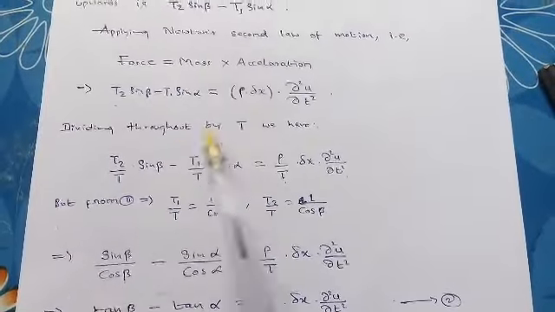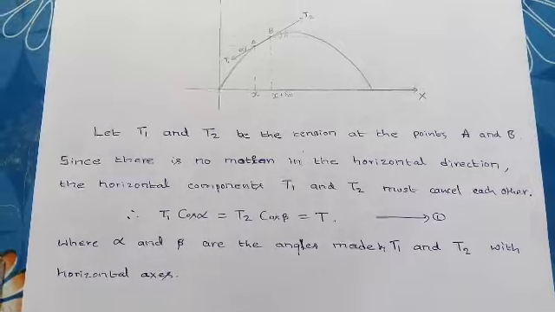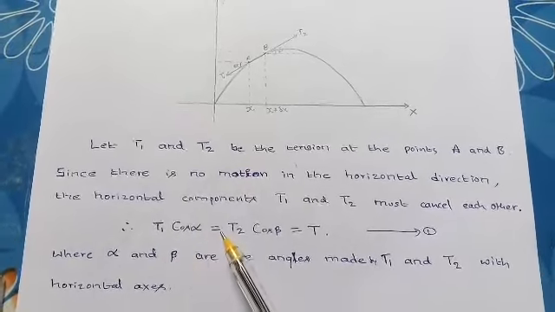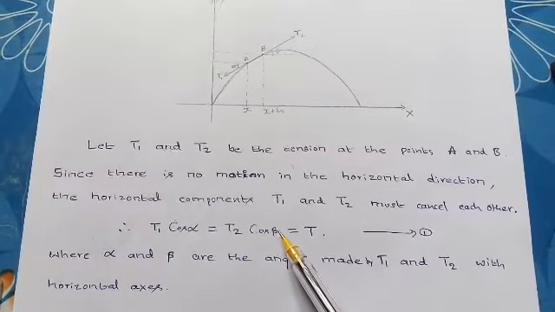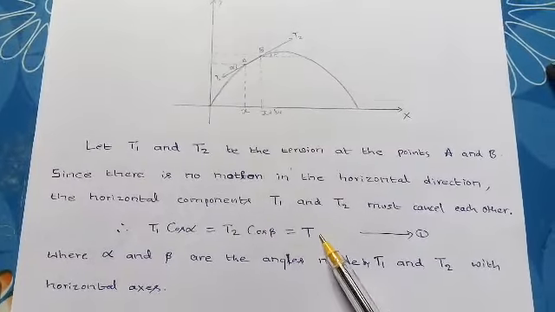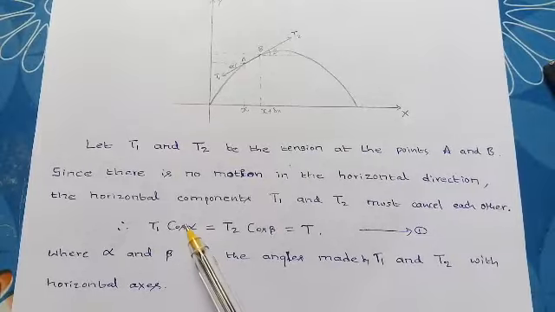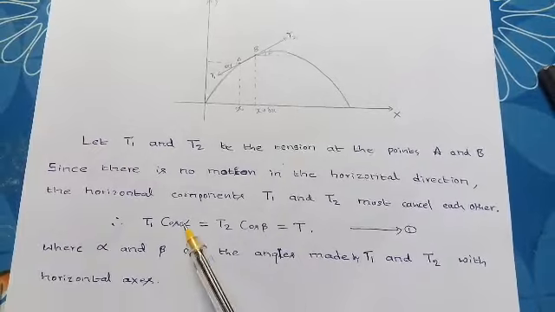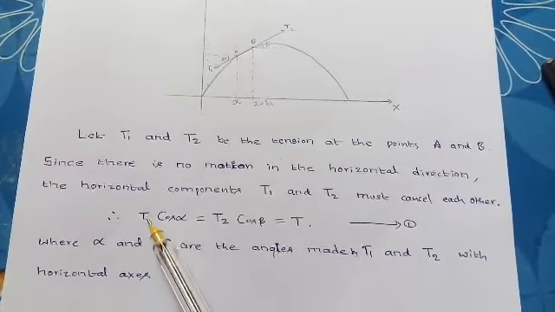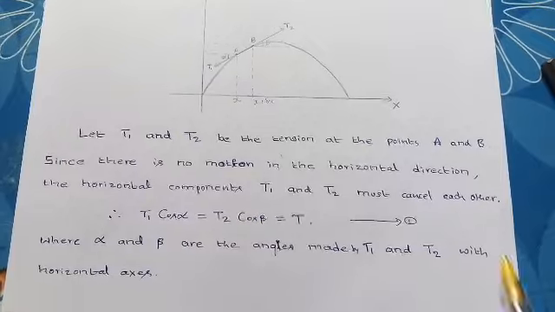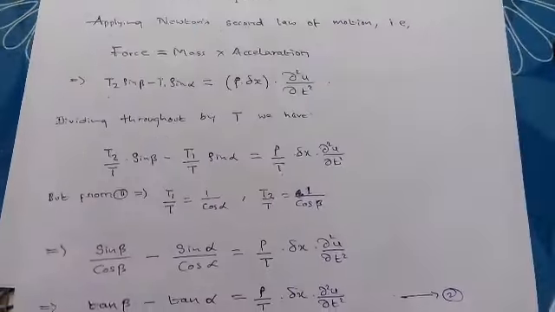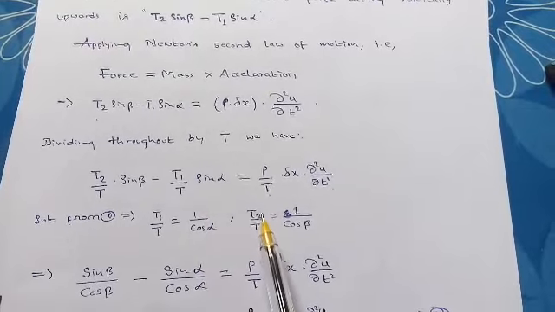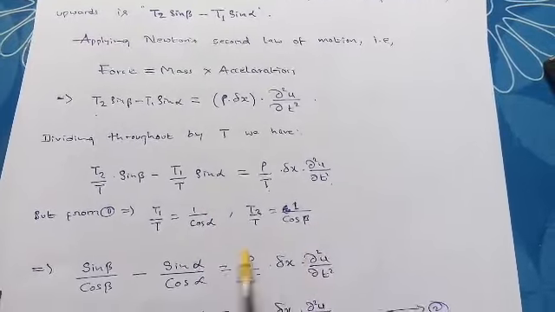But from equation 1, the horizontal components T1 cos alpha equals T2 cos beta equals T. So T1 by T equals 1 by cos alpha, and similarly T2 by T equals 1 by cos beta.